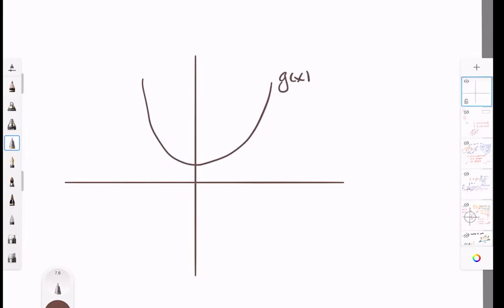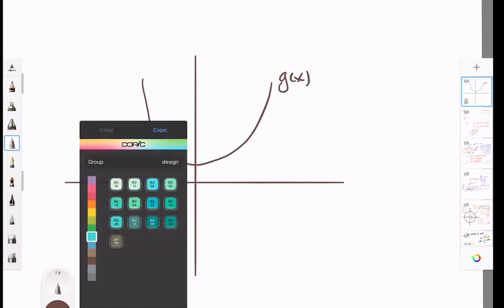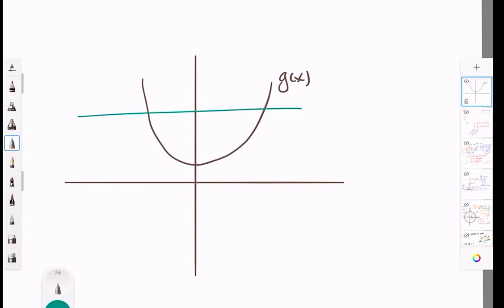Is this one-to-one? No. Very good. It's not one-to-one because, in order to know it's one-to-one, we learned the horizontal line test. If it crosses more than one point, this is not one-to-one. That means if you graph the inverse, the inverse of that is not a function.